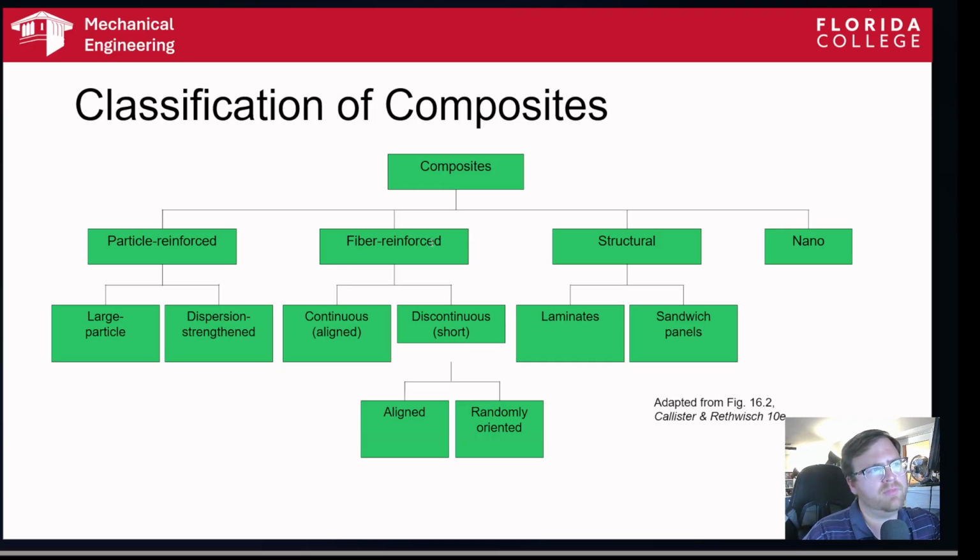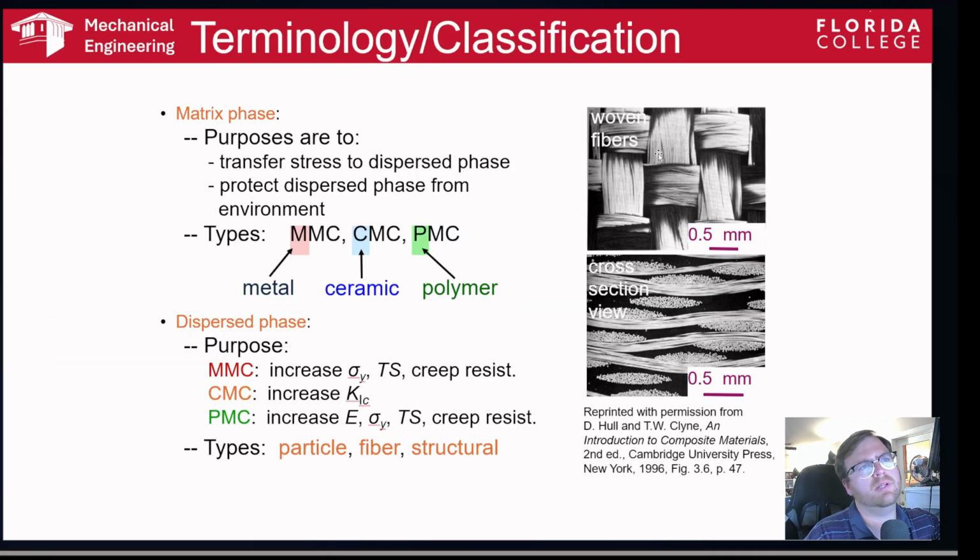We have fiber reinforced composites, and so these can be continuous and aligned fibers. Like this would be a good example of what you would call continuous and aligned, because these fibers are all aligned in one direction, and then you have a cross weave, right? So they're also aligned in a second direction, right? But if you were to put stress on the diagonal, that's going to change things.